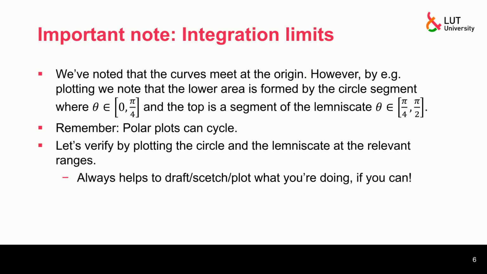So integration limits. It's not completely that one of these curves is below and one is on top, because the intersections are at different angles for each, that is, a different parameter location for each curve, so we need to consider where the parameter is. Let's plot at those ranges and see if we can get the same shape.